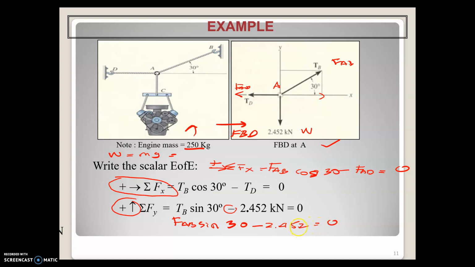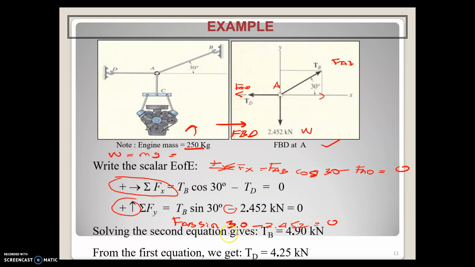Then, what should you do next? You solving the second equation, kan? You solve the summation of Fy equal to 0 ni, then you dapat unknown TB ataupun force AB tadi, betul?